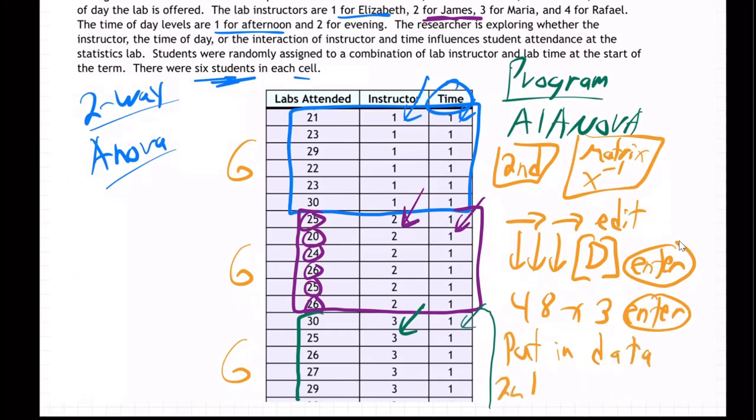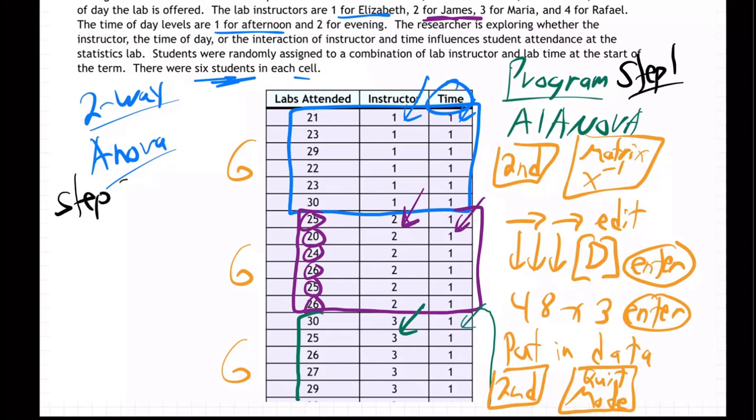And then hit second and the mode button, which has quit above it. All right, and so then you'll quit. Once you put all that data in, you'll quit. Let's call all that step 1, and then over here, step 2.